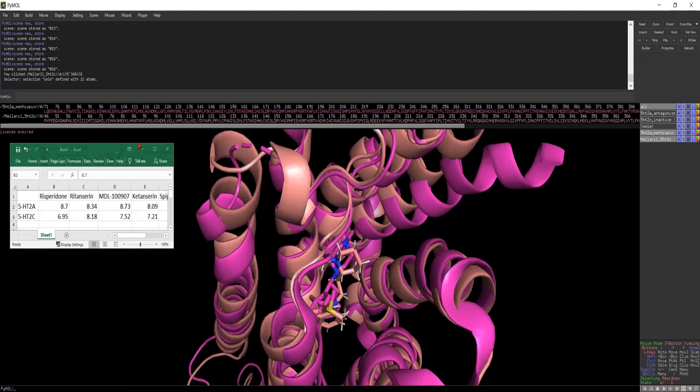Now, unfortunately, there is no structure of 5-HT2C where it's not bound to something in the extended binding pocket. So I will be using my docked structure of mianserin bound to 5-HT2C, since that primarily binds to the orthosteric binding pocket. And so 5-HT2A is in pink here, and 5-HT2C is in salmon.